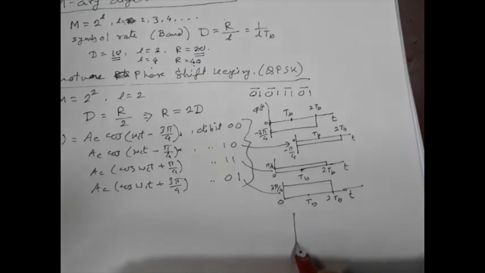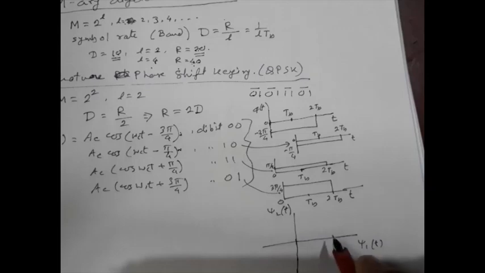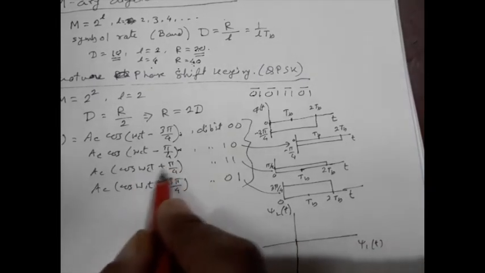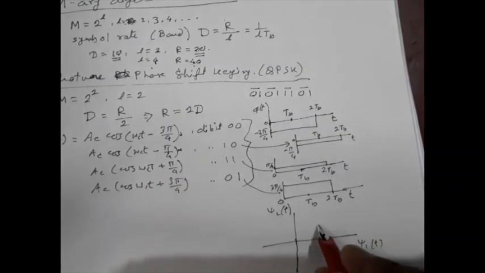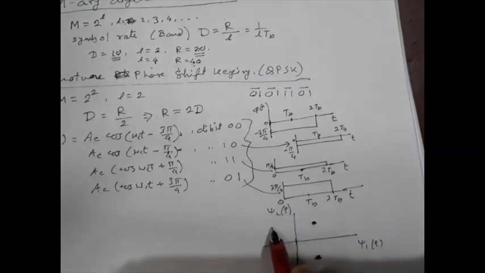Now if we consider the signal space diagram, say ψ1(t) and ψ2(t) are the two bases. In that case, for this one is π/4, so here; this one is minus π/4, here; this one is 3π/4, so this one is here, and this one is minus 3π/4, means here.